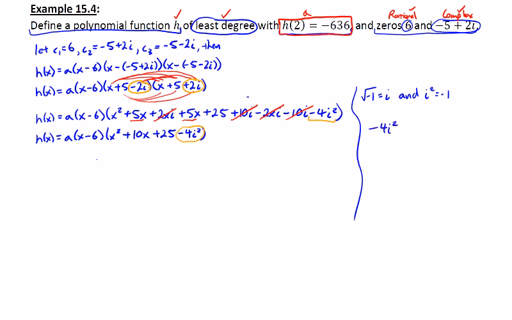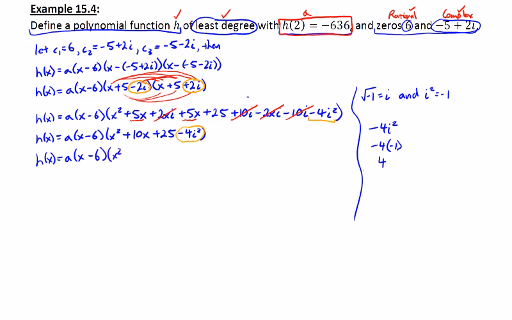And if I do that, then I can think of this as -4 times -1 by replacing i squared with its equivalent -1 representation. And then -4 times -1 just gives me +4. So what this really means is that this polynomial isn't going to have any i's in it at all once we finish that multiplication.